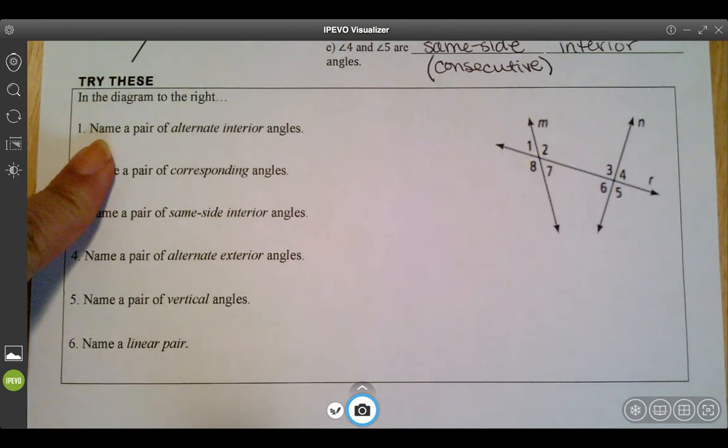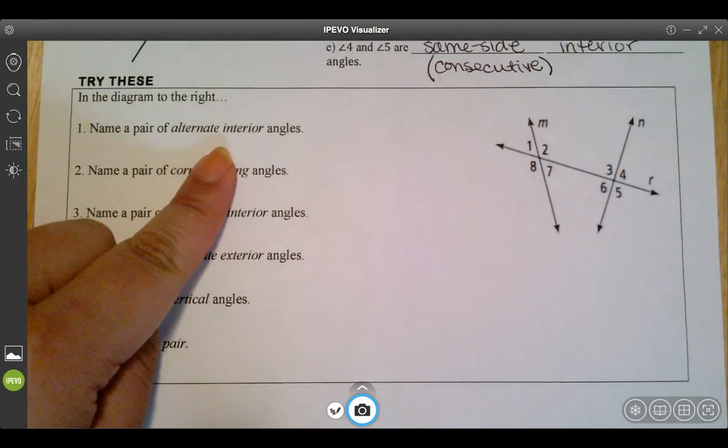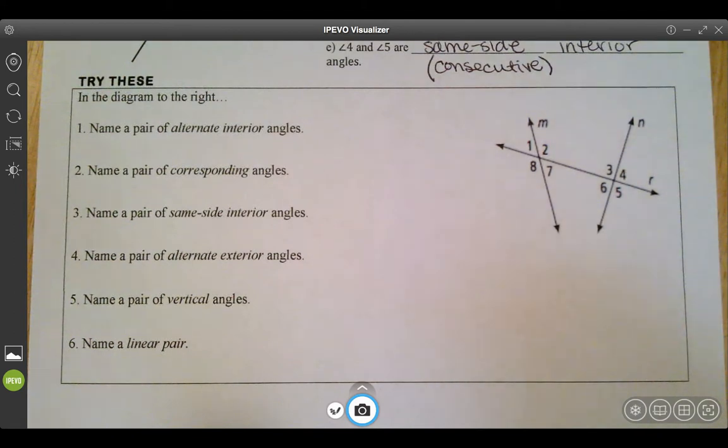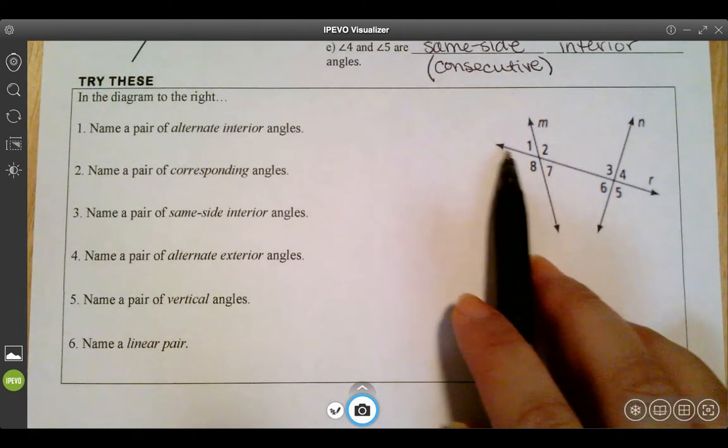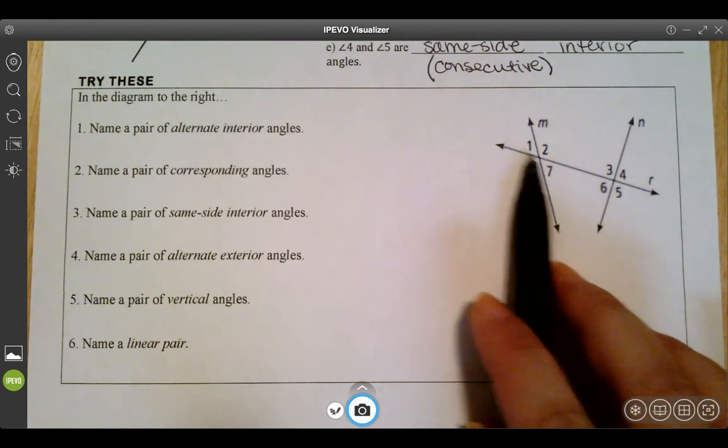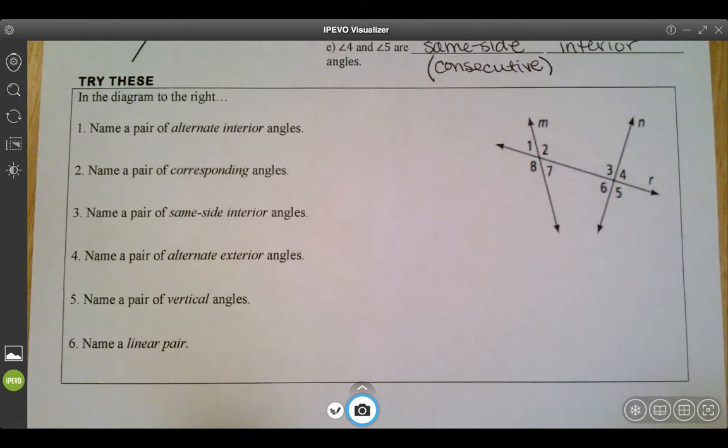Name a pair of alternate interior angles. So first we need to identify which one is the transversal. The transversal is the one that goes through multiple lines. And so this here is going to be our transversal. Now, a helpful tip that I find in order to find out alternate interior, exterior, I like to draw a Z, okay?